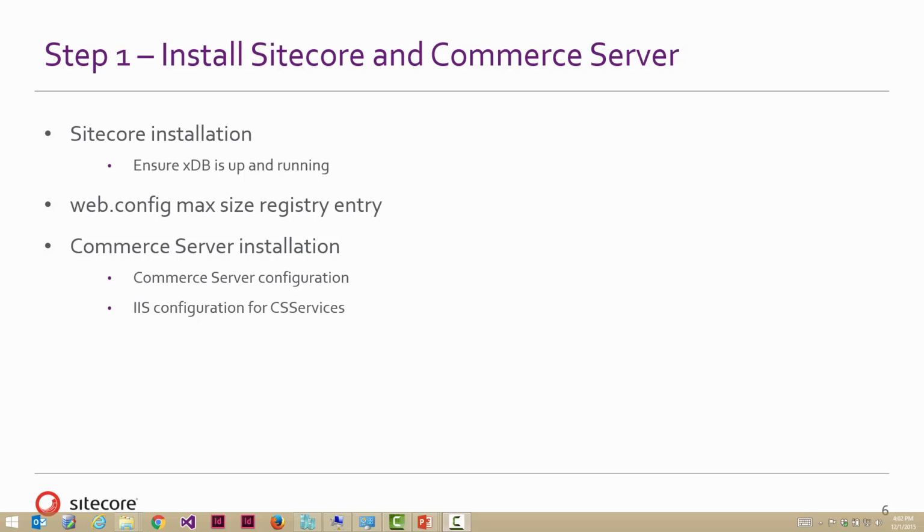Because we're using the profile management and the order management and the basket operations for Microsoft Dynamics AX, we don't need to configure those parts of the Commerce Server installation, but we do need to install the portion that we are using, and that is the catalog, which we're using as an edge cache.